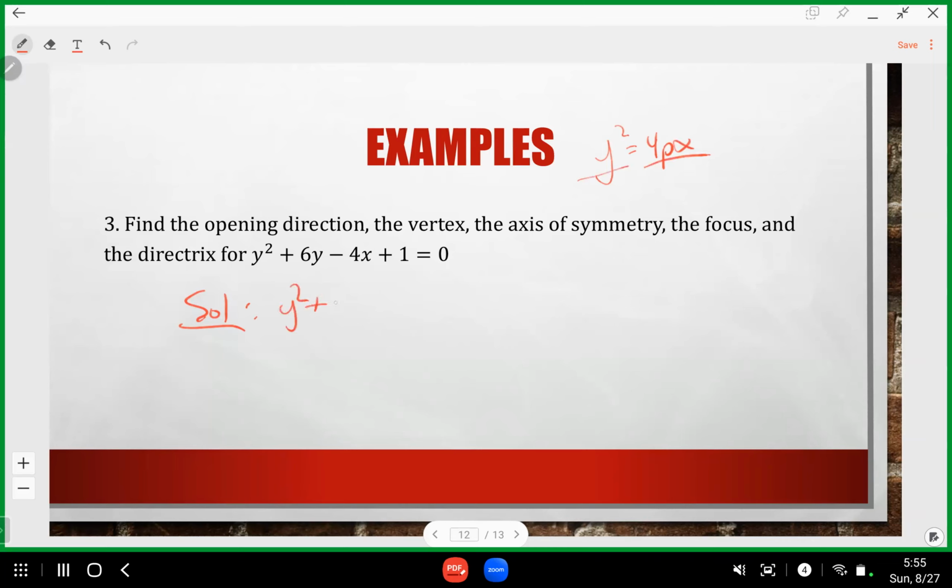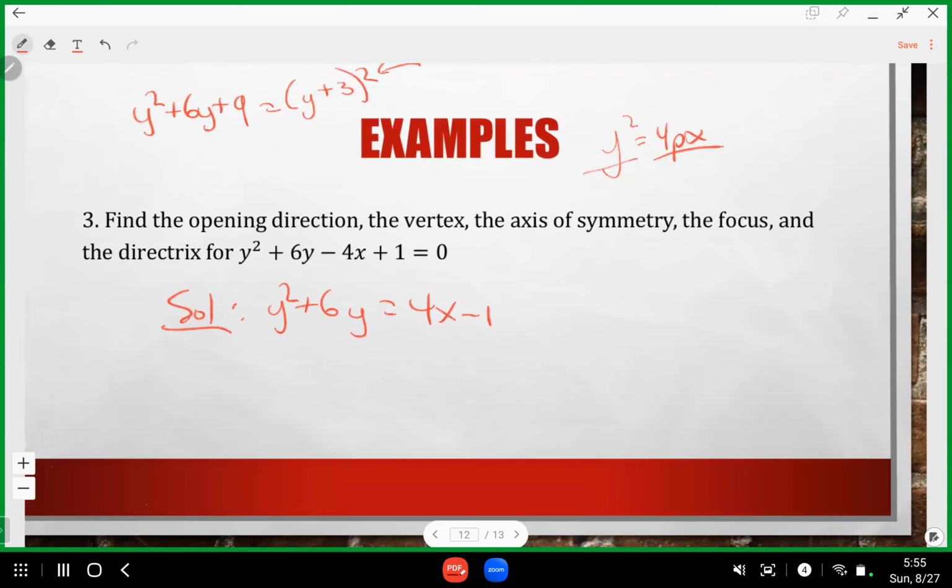So let's move x to this side, so it's 4x minus 1. To complete the square, we know that y squared plus 6y plus 9 is equal to (y plus 3) squared.